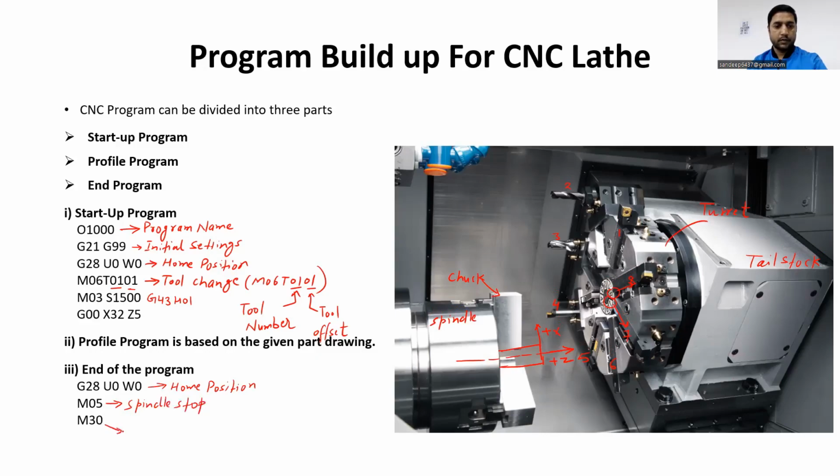And M30 is for program stop and rewind. So this is how we can build up a CNC program in case of a CNC lathe machine.